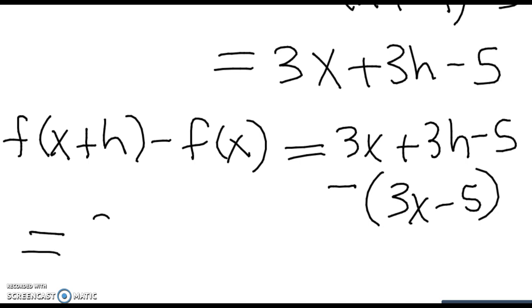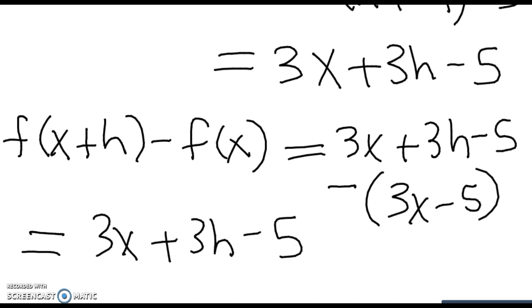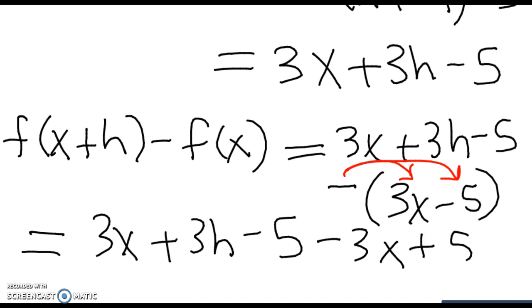So this equals 3x plus 3h minus 5. Again, we need to distribute this negative. So a negative times a positive 3x is a negative 3x, and a negative times a negative 5 is a positive 5.